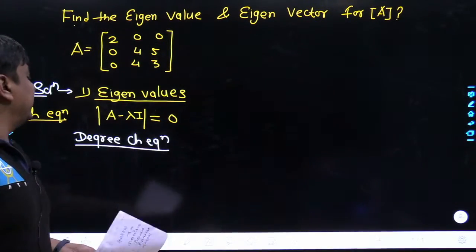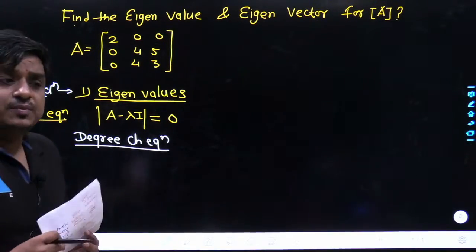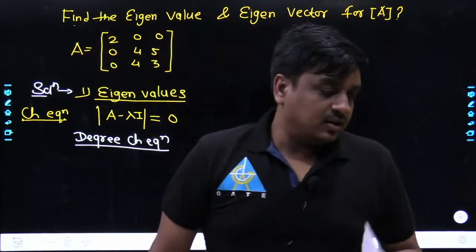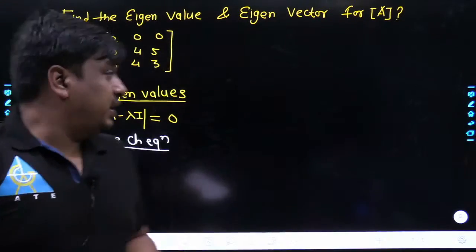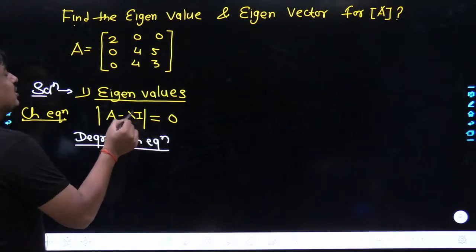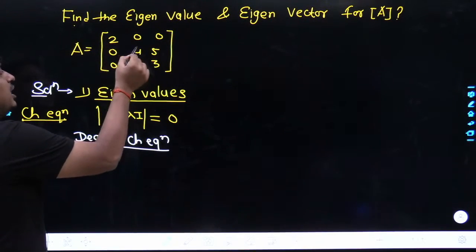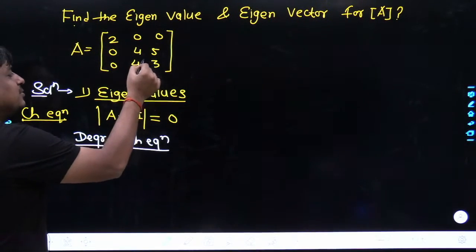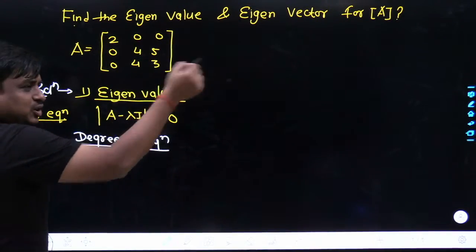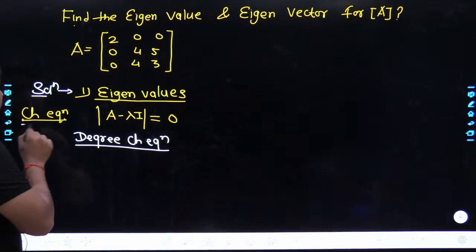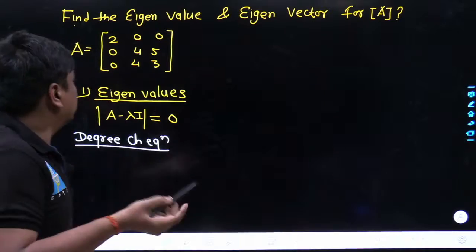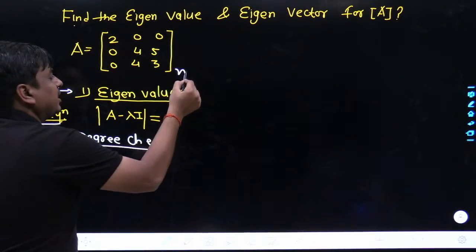May I know what would be the degree of this characteristic equation? 3. See, why is the degree of the characteristic equation 3? Once you form A minus lambda I, it becomes 2 minus lambda, 4 minus lambda, 3 minus lambda, and once you take the determinant and compare with 0, the degree of the characteristic equation would be the order of the square matrix itself.